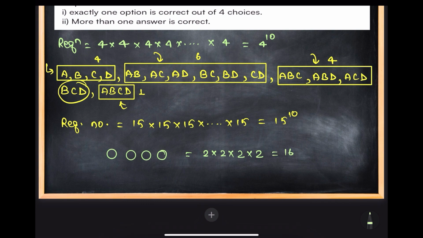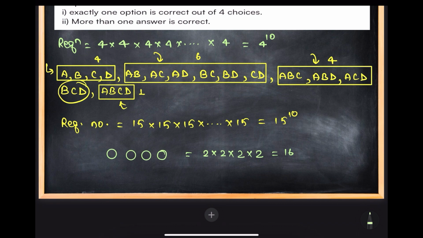But look at this. In these 16 cases, there is a case in which all of the bubbles are left uncolored, because you are assuming 2 cases: I should fill the bubble or I can skip the bubble. So in these 16 cases, there is one case in which you have left all the bubbles uncolored. So you have to remove that one case.